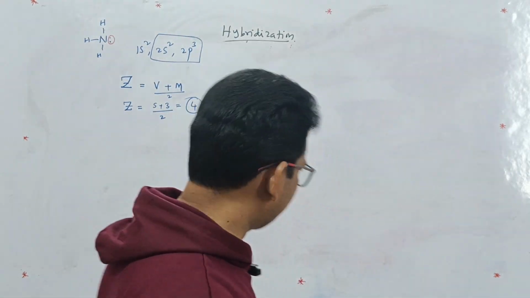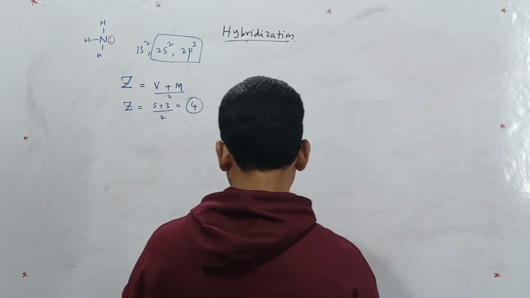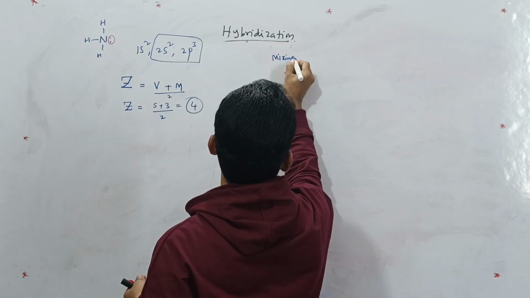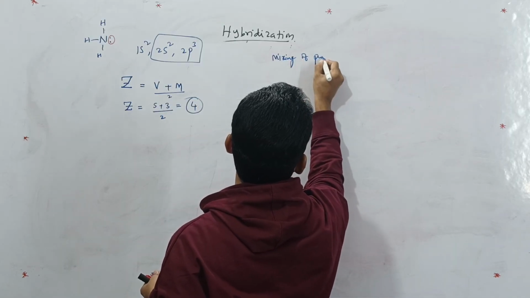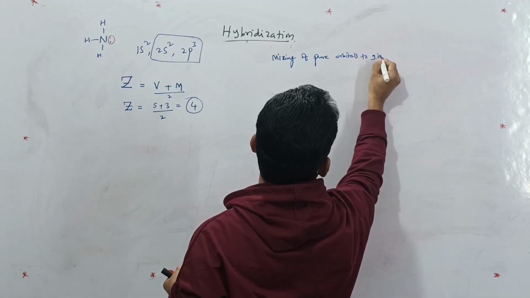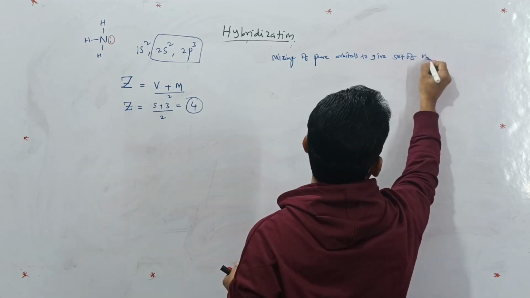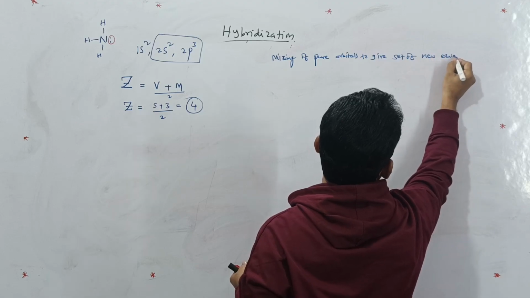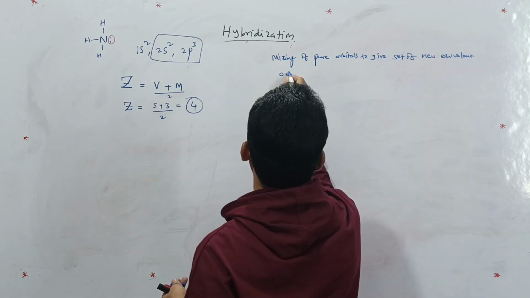What we discussed in the last class: hybridization means mixing of pure orbitals to give a set of new equivalent orbitals.